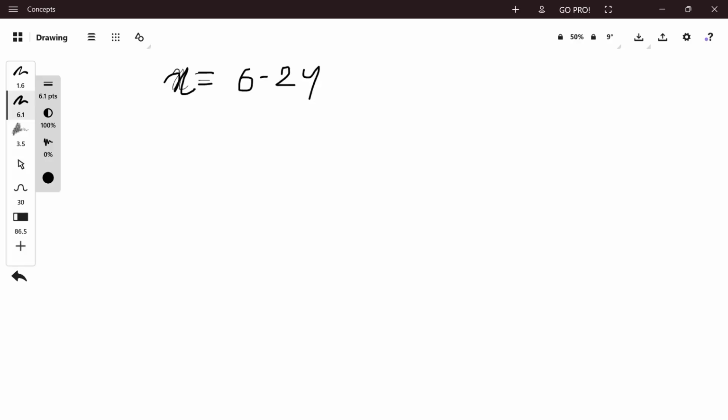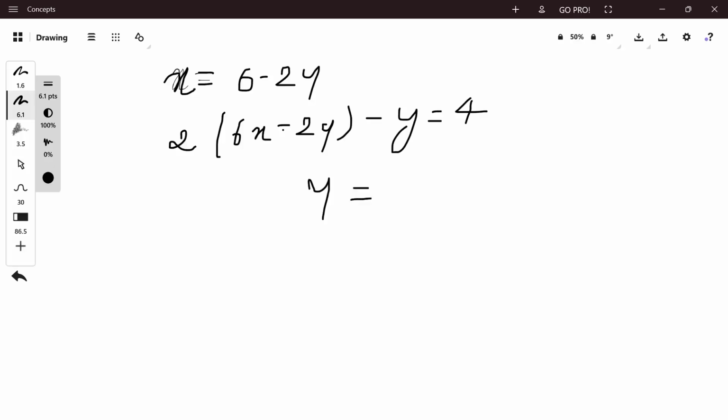Substituting in equation 2, we have 2 into 6 minus 2y, minus y is equal to 4. Solving, y is equal to 8 upon 5.